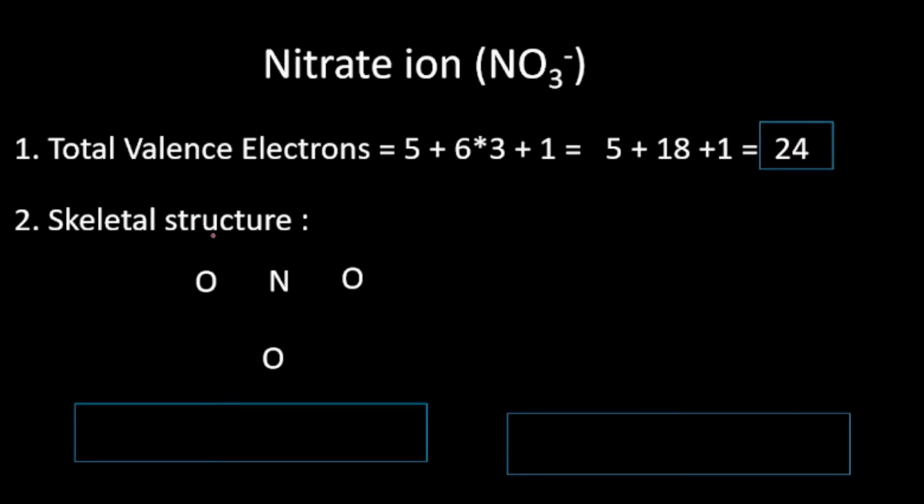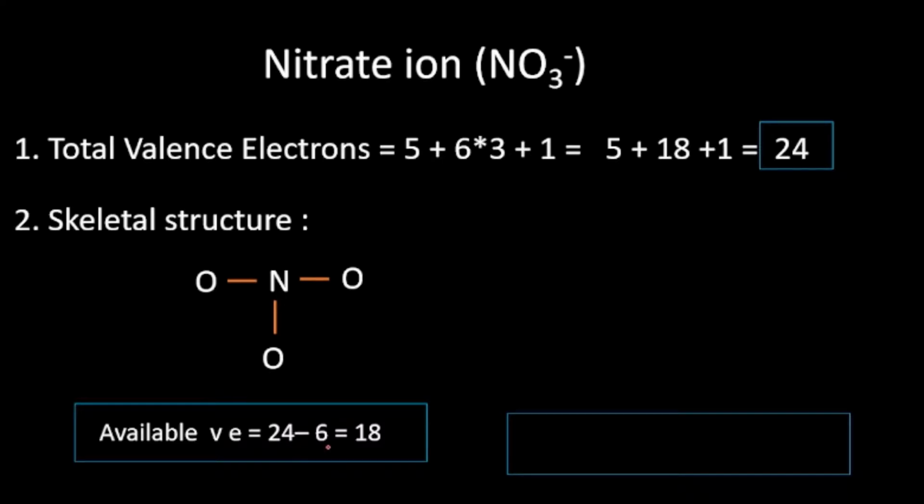In the second step, you have to write the skeletal structure. Here also we will take nitrogen as the central one because it is the least electronegative atom, and we will put oxygens in the terminal positions. And here we can make 3 single bonds, and these 3 single bonds take 6 valence electrons from 24.